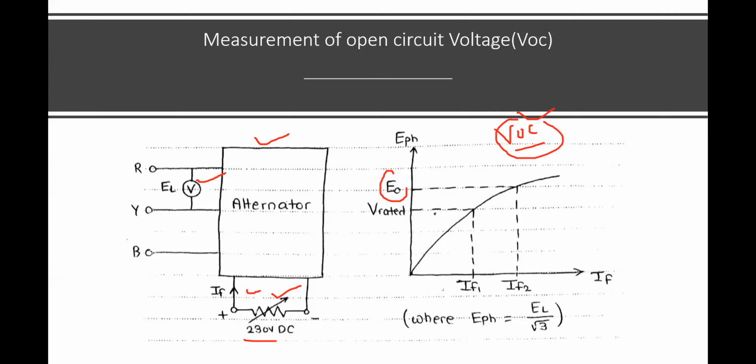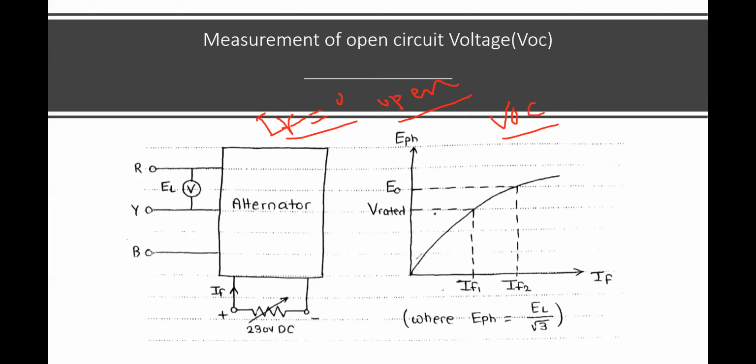So how can I calculate VOC now? Everyone just try to concentrate on the diagram. First of all, I put the field current equal to 0, and the armature winding is open, because this is an open circuit test. What is the next step?